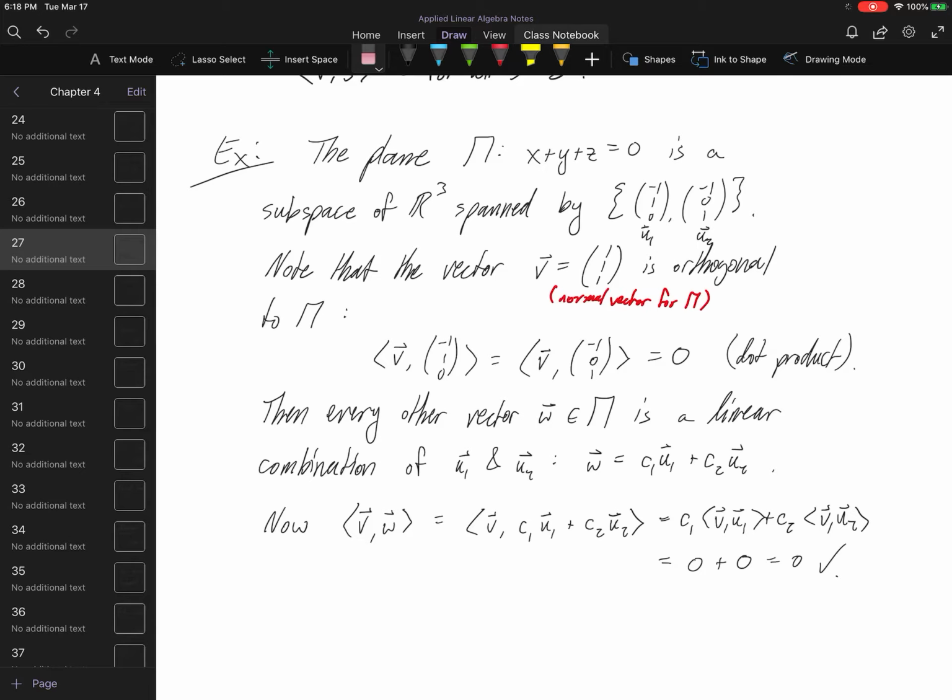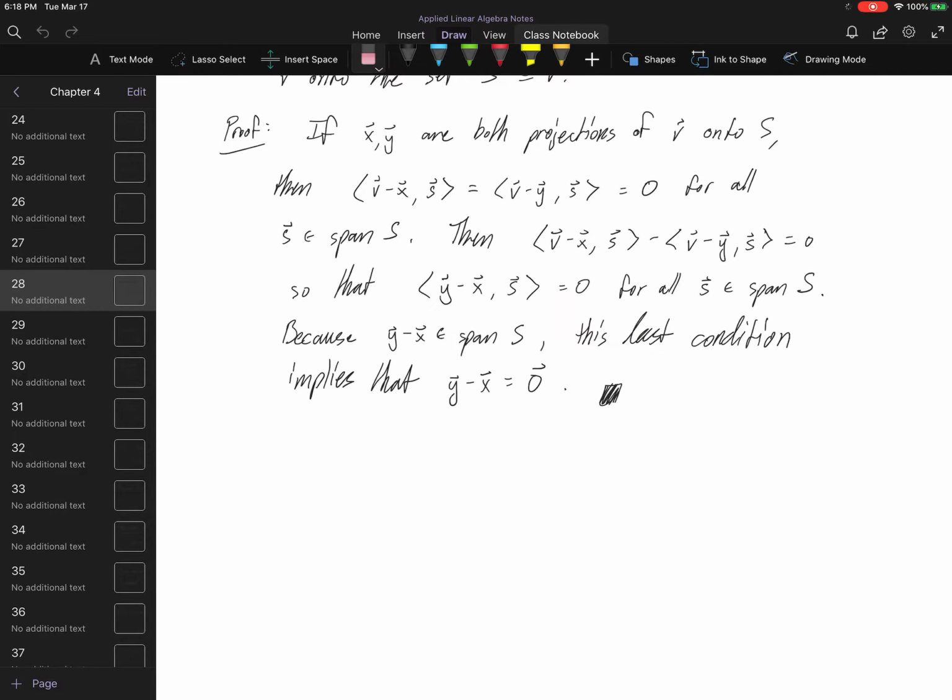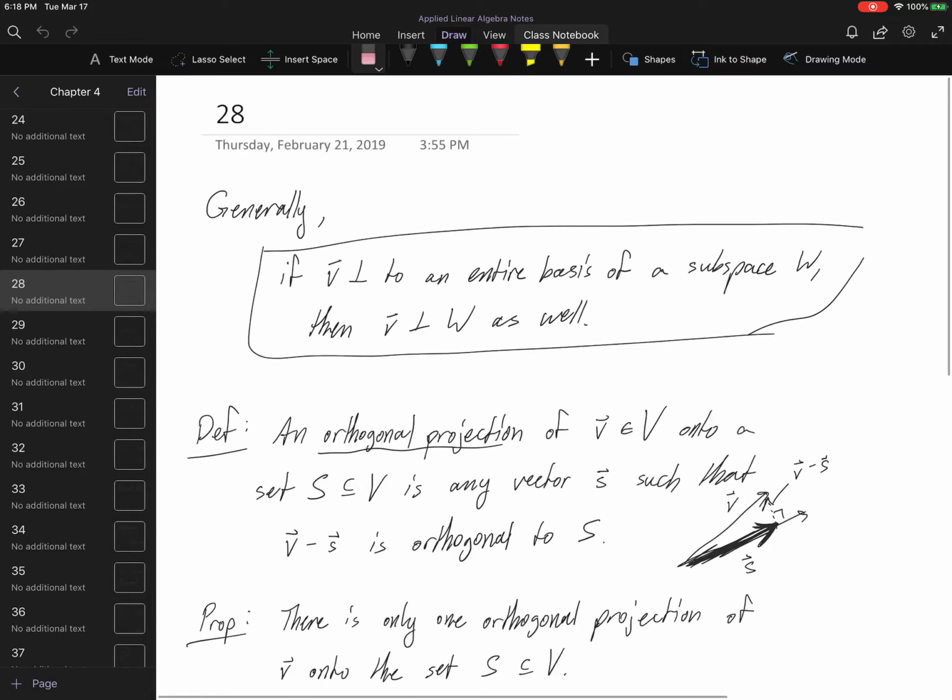So this would be an example of how we're extending this notion of orthogonality to sets rather than just single vectors. Okay, so more generally, if V is perpendicular to an entire basis of some subspace W, then V is orthogonal to the entire subspace, right?